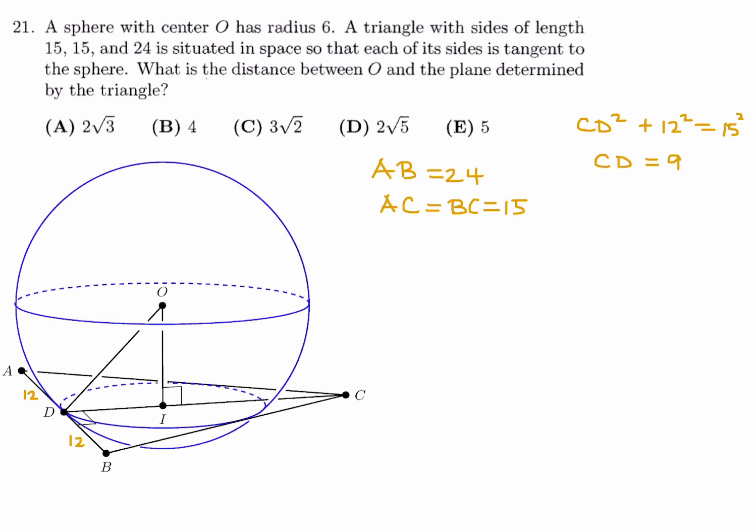Now we can calculate the area of that triangle ABC. ABC has an area of 1/2 base times height. The base is 24. The height we just figured out was 9, and that is 108.